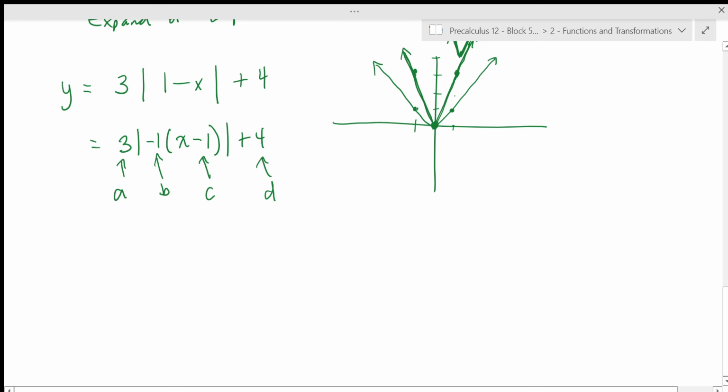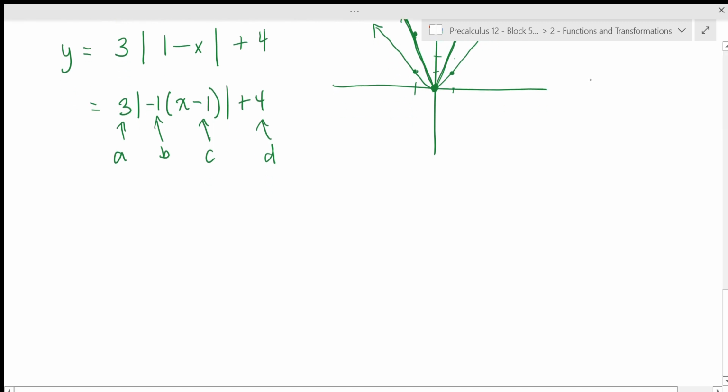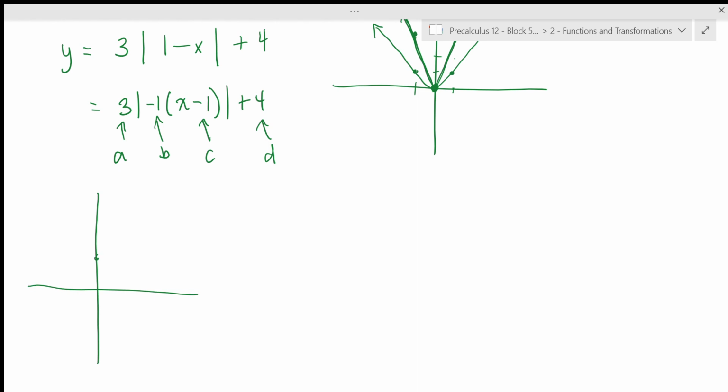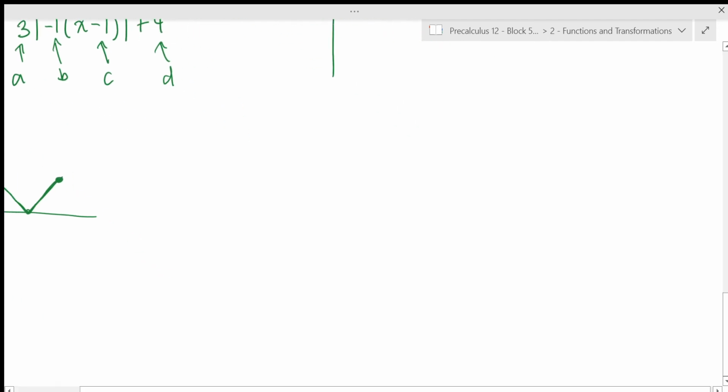So for those of you who prefer, let's say we have a small f of x right here. So we're going to take a look at our f of x. So let's say we have an f of x that looks like this. Okay, just some random function. There's two different ways.